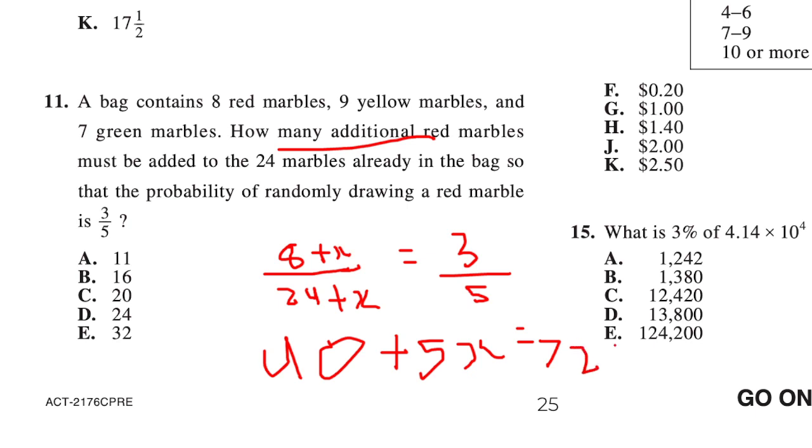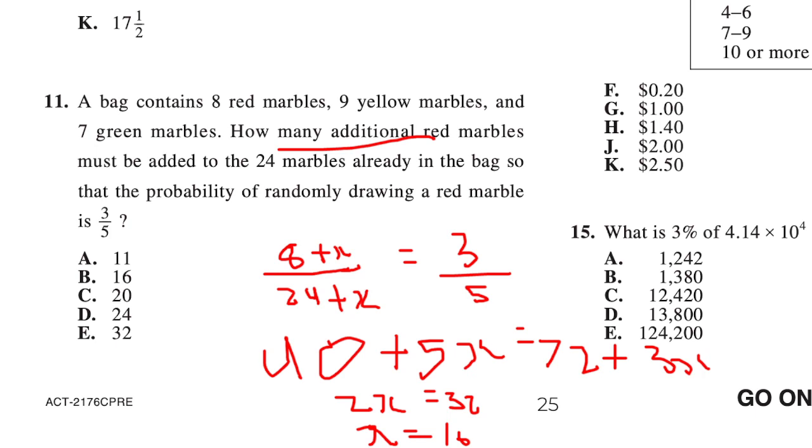Yep, 72, plus x times 3 is 3x. Okay. And then we're going to move the x to this side. So on the left side, we get 2x equals 32. So x equals 16. 16 is the number of additional red marbles we'll need.